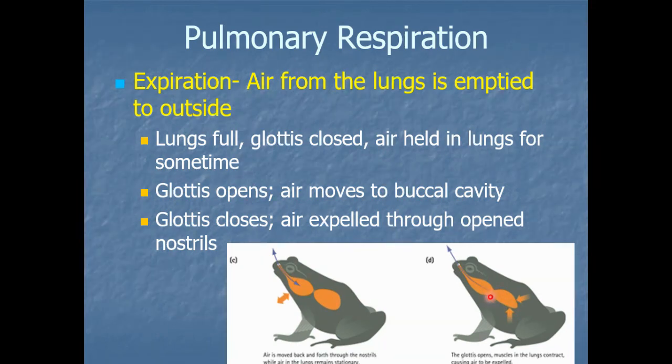Now the glottis is closed. So air is inside the buccal cavity, and through the external nostrils, the air is let out. So air which is rich in carbon dioxide is rushed to the exterior. So that completes the expiration process and also the pulmonary respiration in frog.